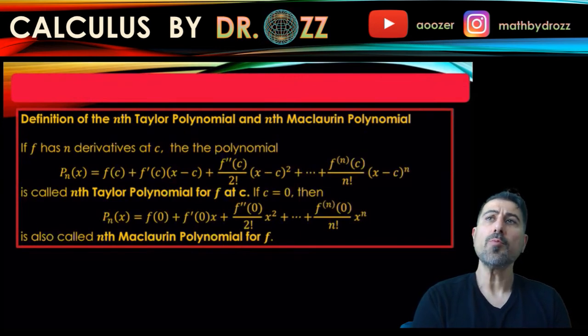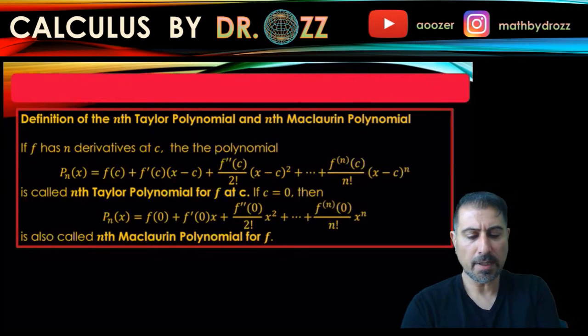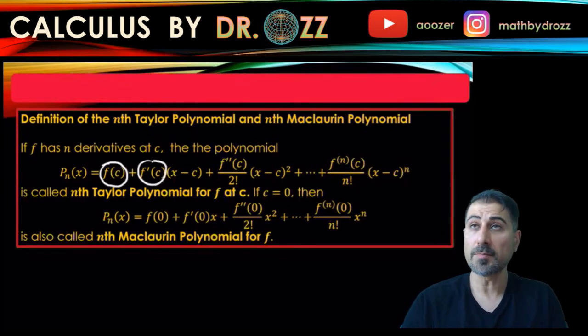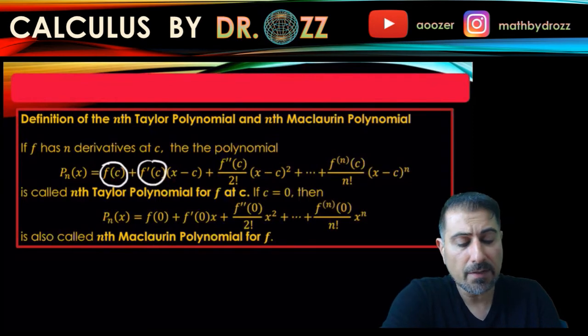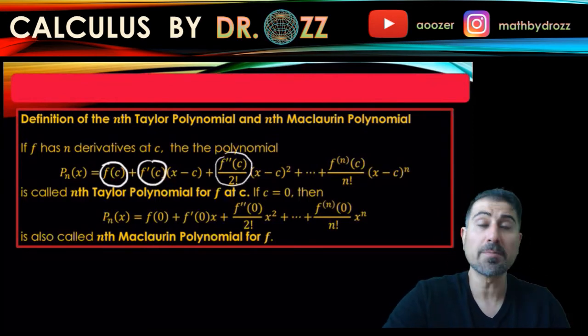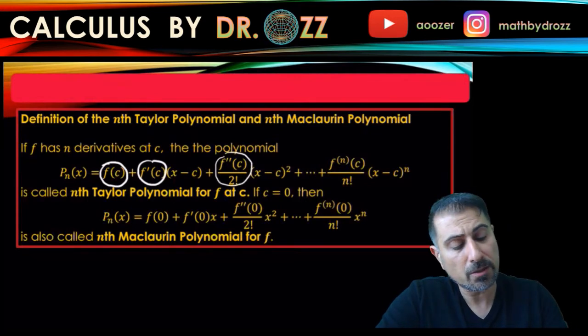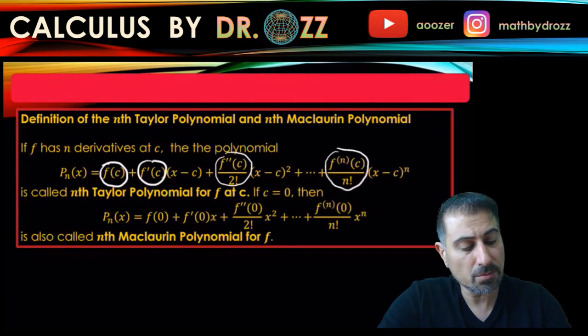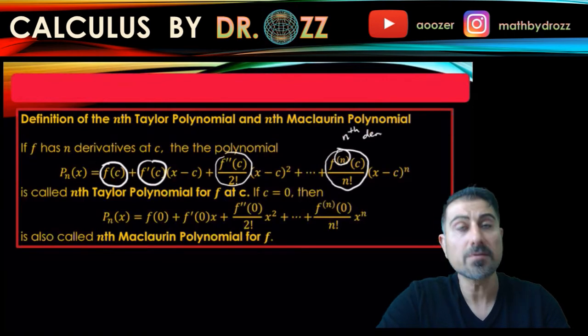The polynomial is constructed with the help of the derivatives of f, including itself: f of c, plus f prime of c, which is a number, times x minus c, plus f double prime of c over 2 factorial times x minus c squared, and finally all the way to the nth derivative of f at c divided by n factorial. This notation means you're talking about the nth derivative.